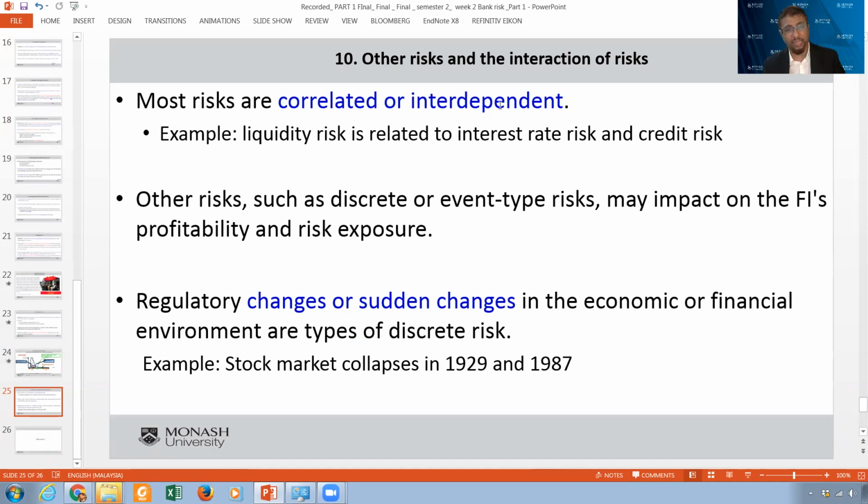If there is a drop in the market, your customers, your borrowers, are affected, and they cannot pay you. Now you have a credit risk, and that credit risk leads to less cash flow coming to the financial institution.